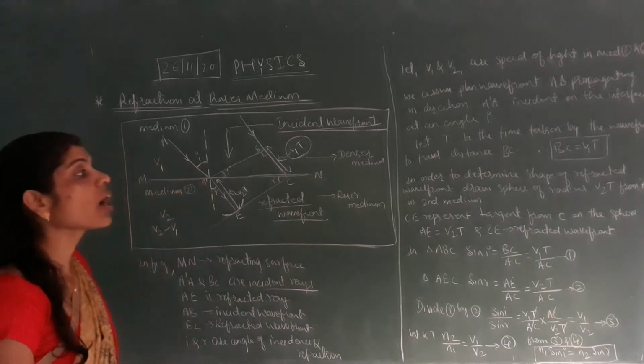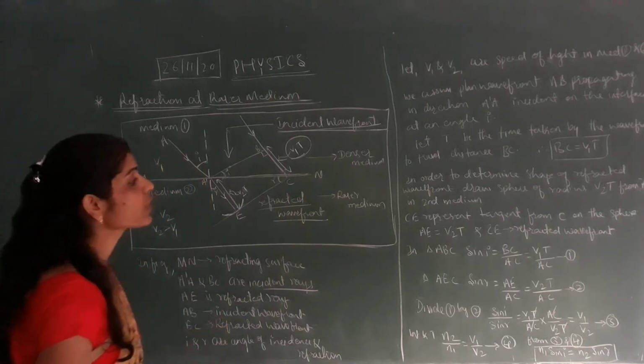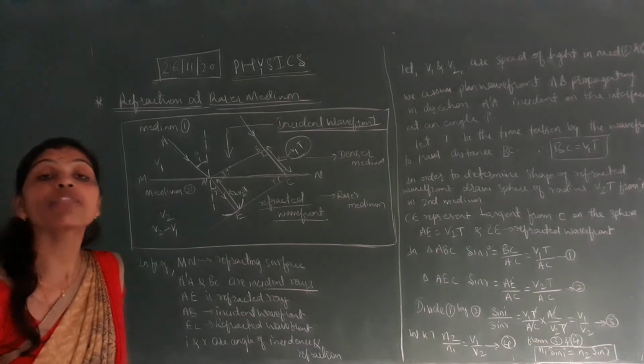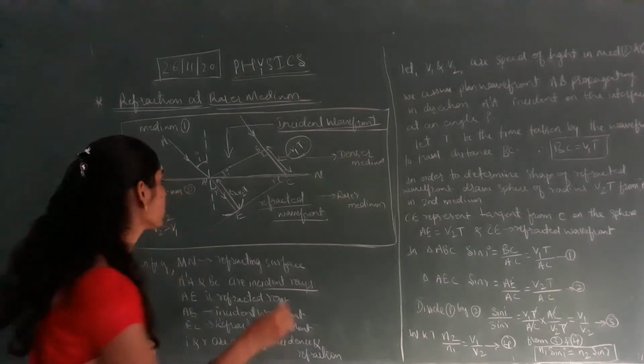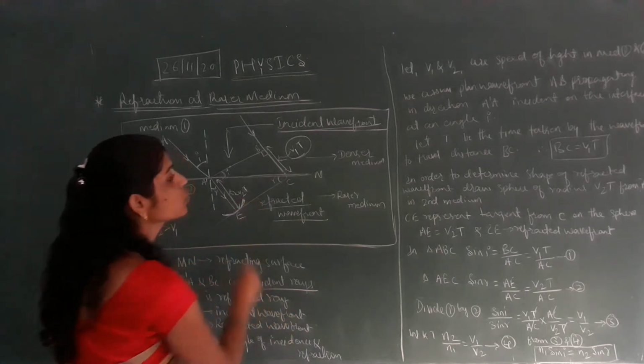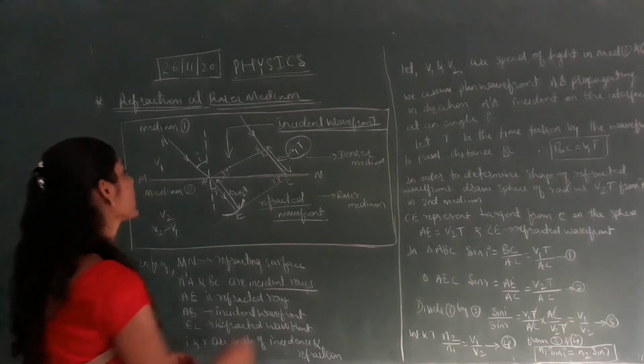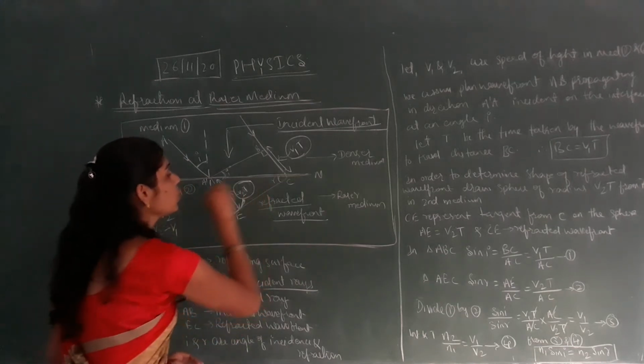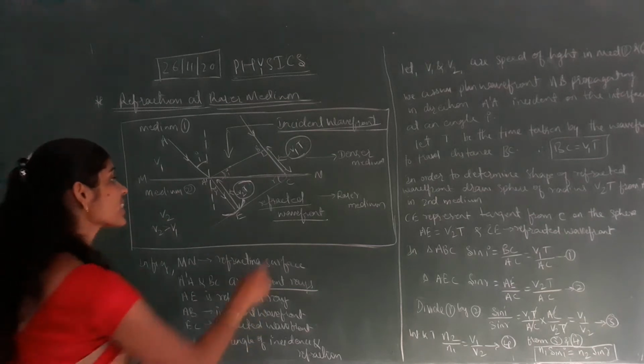Next, to determine the shape of the refracted wavefront, what we have to do is draw a sphere of radius V2 into T in the second medium.